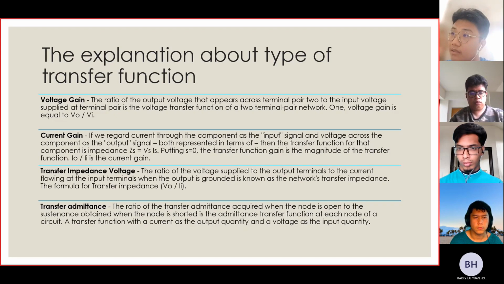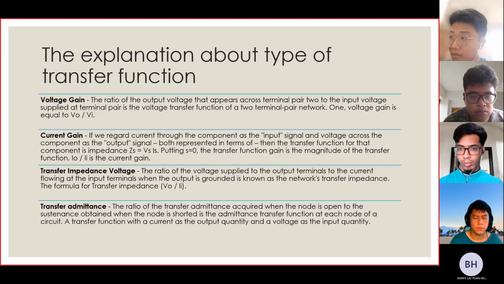The next one is transfer impedance. The ratio of the voltage supplied to the output terminals to the current flowing at the input terminals when the output is grounded is known as the network transfer impedance. The last one is the transfer admittance.